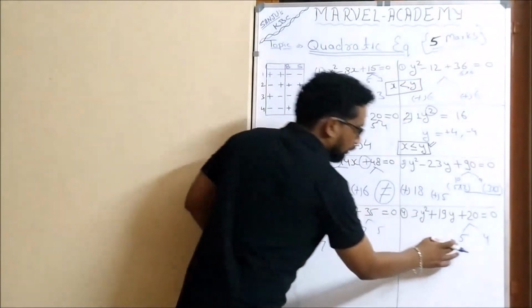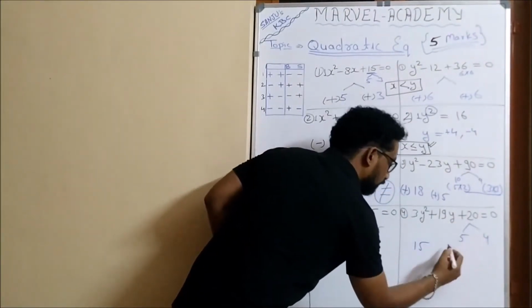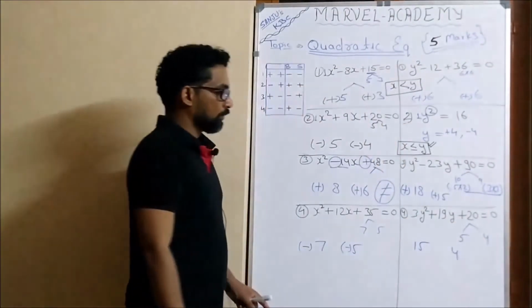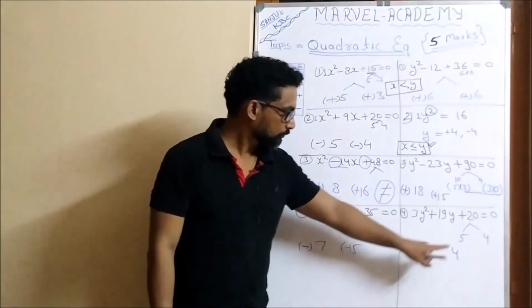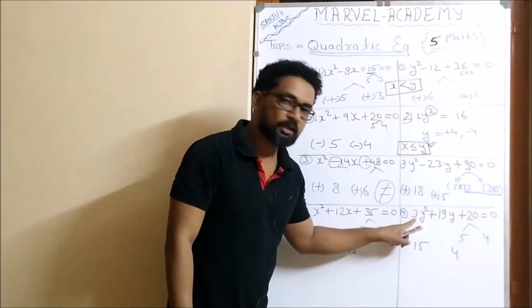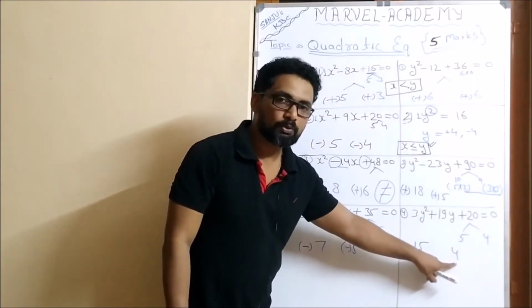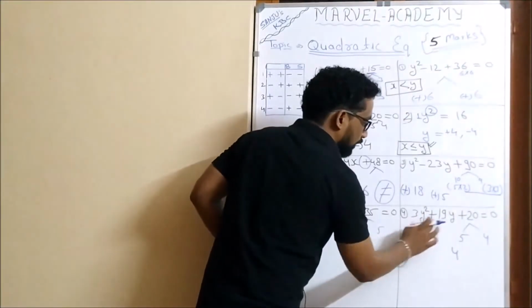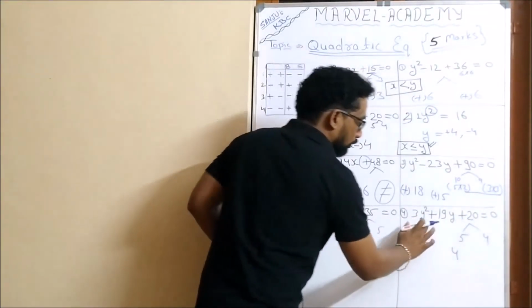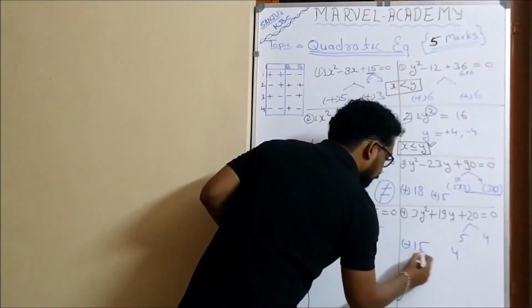Okay, so 5 3s are 15 and that 4. So 15 plus 4 equals to 19. 20 into 3 is 60, as well as 15 into 4 equals to 60. Now sign. If both the values are positive, then the result would be negative.